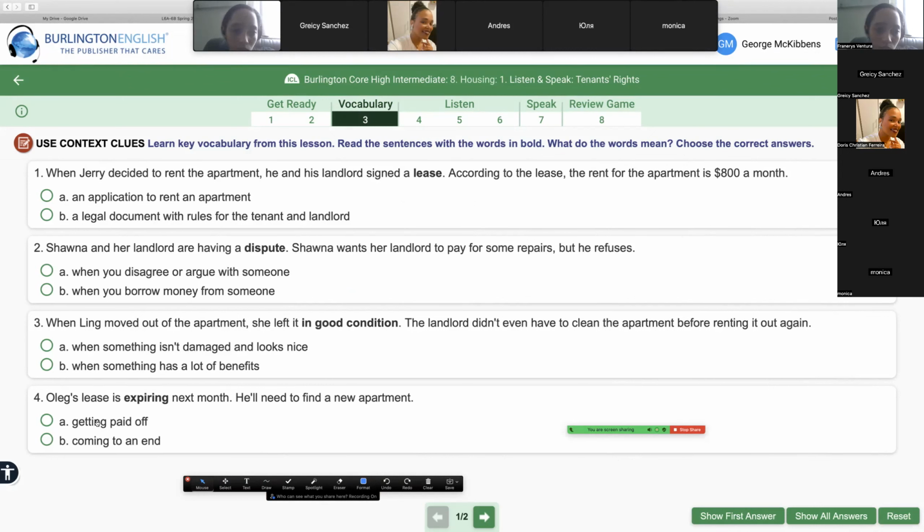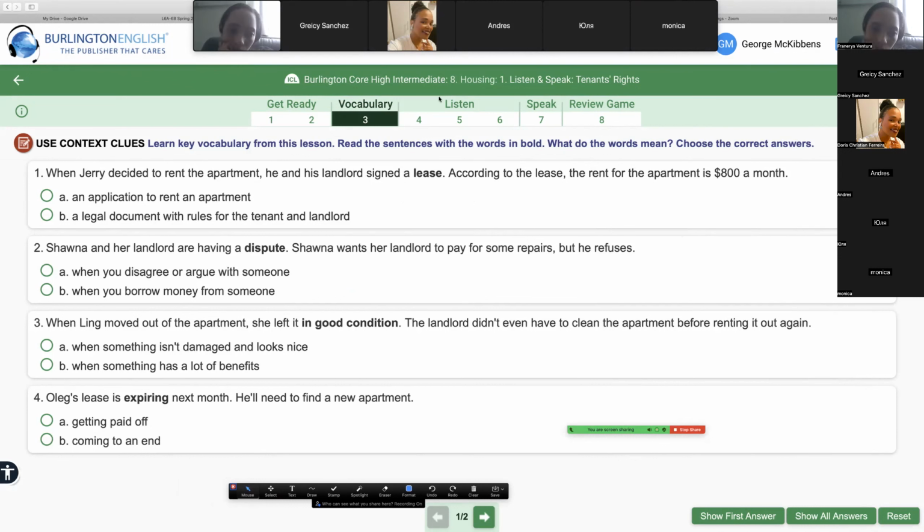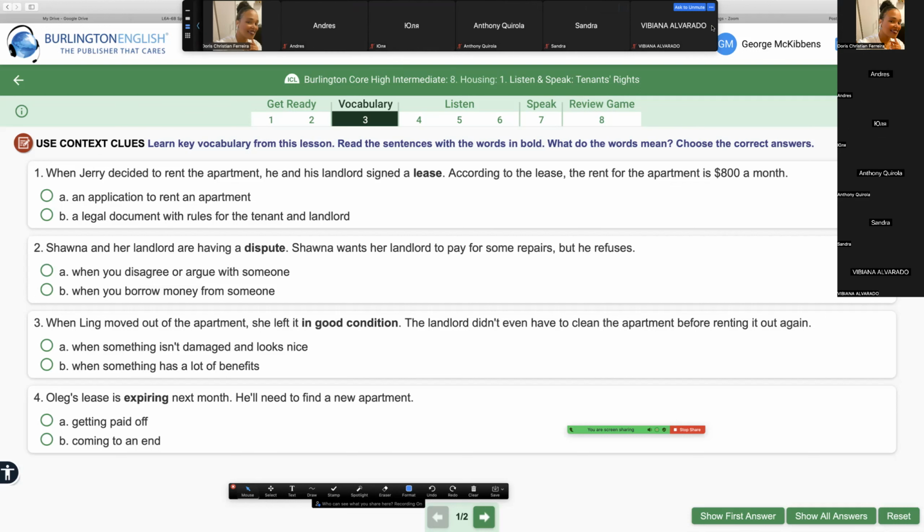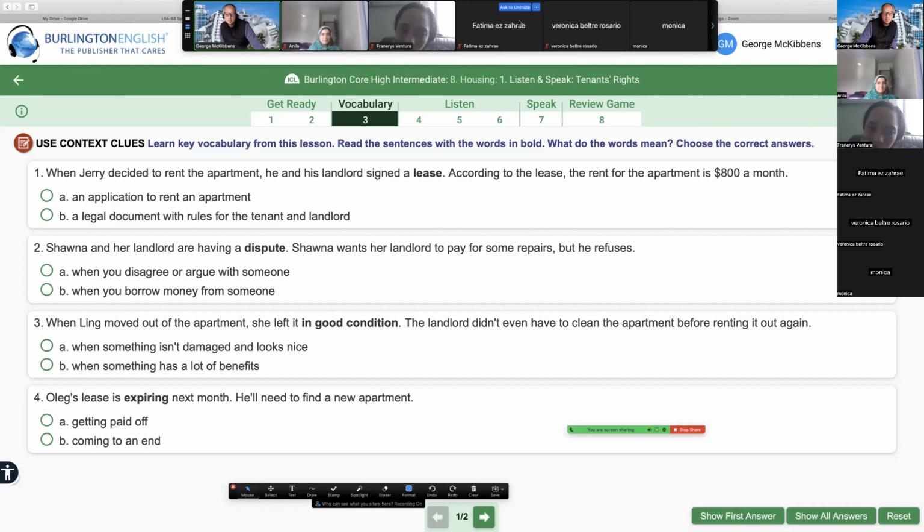1, 2, 3, 4 questions. Who wants to volunteer to take these 4? Anybody? I'll read the question, then you just tell me A or B. Me, teacher. Okay, Monica, and if anybody wants to help Monica, go ahead. Monica, if you need help from anybody, say, help me, and then we'll get other students to help you.